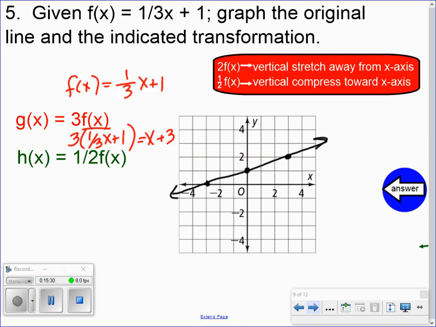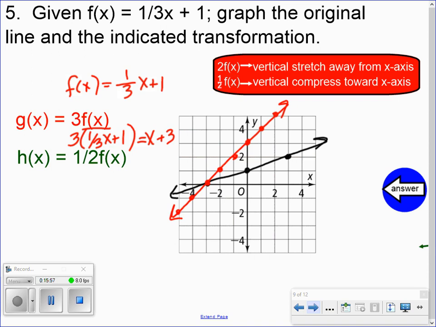And so g of x is equal to x plus 3. So notice that the y-intercept changed and the slope also changed. So both things changed here. So what we should have noticed is that it got further away from the x-axis, and it did.